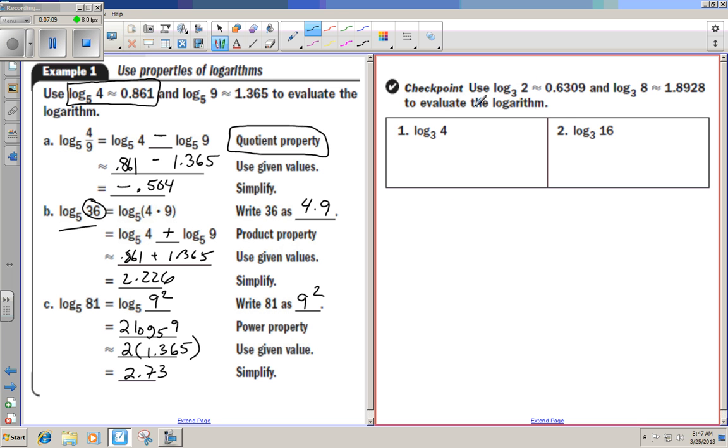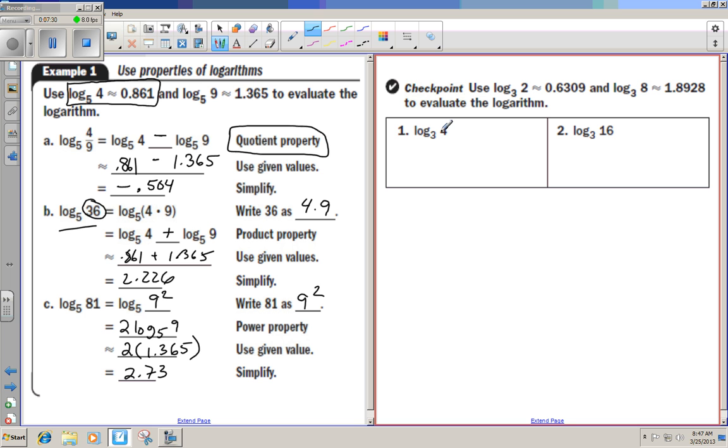So we're going to do both ways here: the change of base formula and using the properties. Using the property here, for 4, well, we have a 2 and an 8, none of that. The best way to set this up is to look at 4.